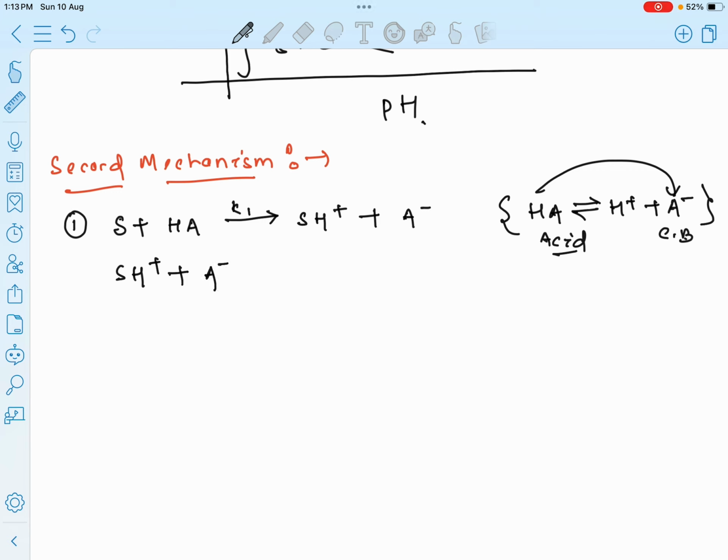In the first mechanism which we discussed, the proton is received by the water molecule, but in this case the proton will be received by the base, and the rate constant of the reaction is K2.